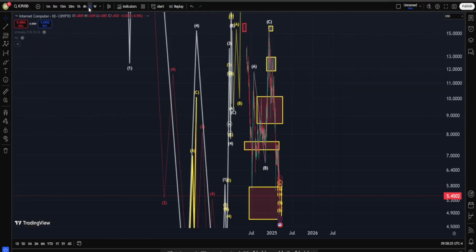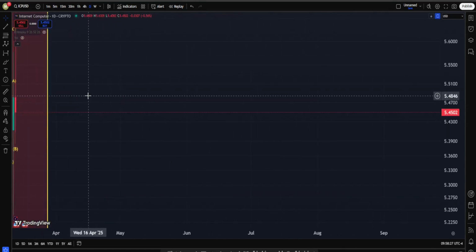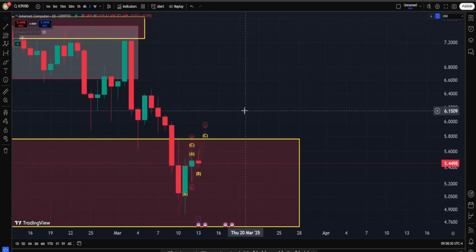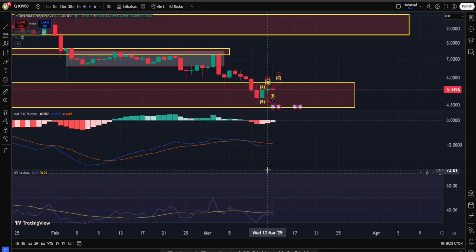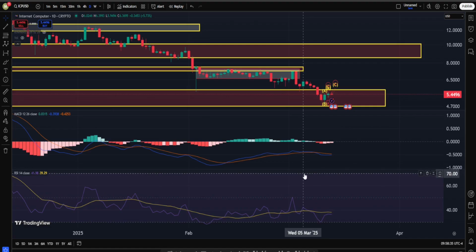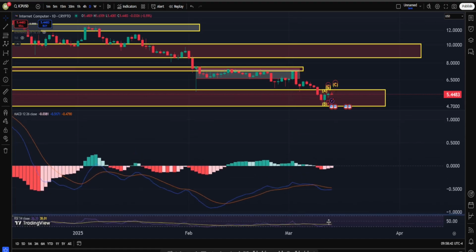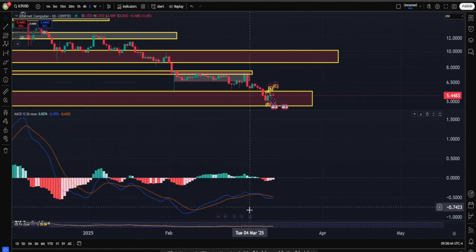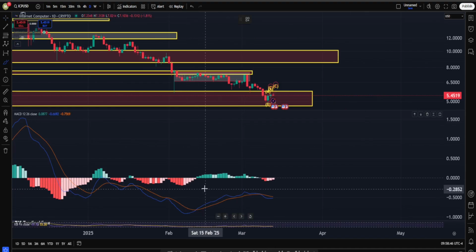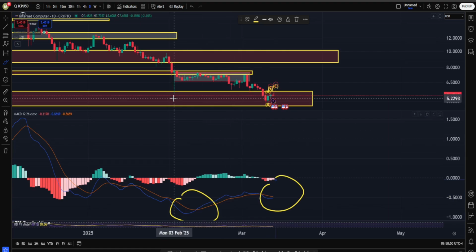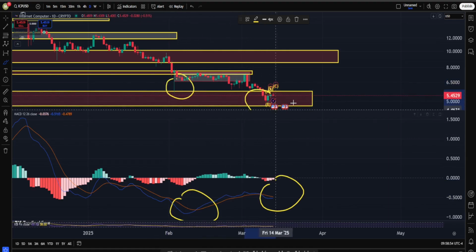Now, I do have also another important reason to believe maybe our move down in Internet Computer is not over yet. Here's the thing. In RSI at the moment in the daily time frame, not a whole lot is happening and we are kind of in no man's land. However, in MACD, I think we talked about this one also in the previous videos, we are having a low, the other one is a higher low, but on the live chart, this is a low, the other one is a lower low.